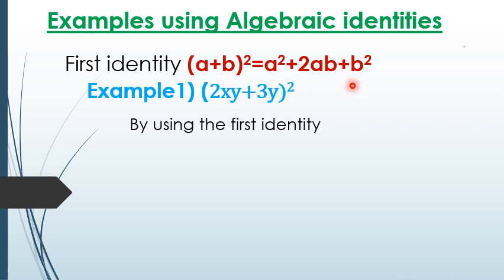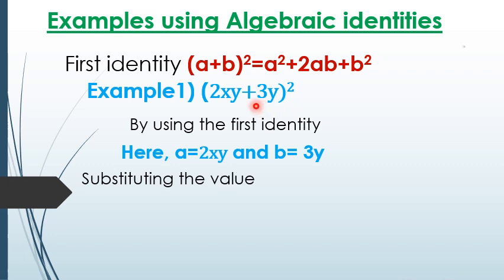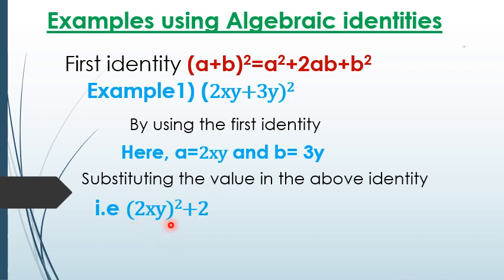(a plus b) whole square is equal to a square plus 2ab plus b square. Here a is considered as 2xy and b is considered as 3y. Substituting these values in this identity, that will be (2xy) whole square plus 2 into 2xy into 3y plus (3y) whole square. That is, (2xy) whole square is equal to 4x square y square.